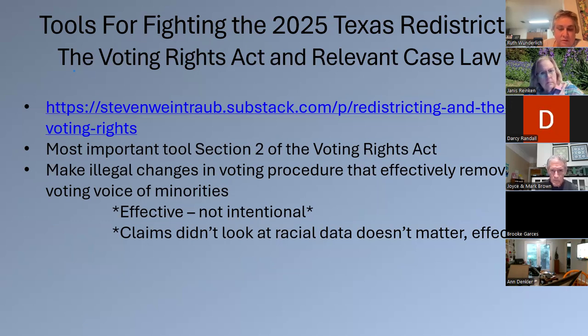It's a totally different condition. The claim that they didn't look at racial data doesn't matter if it's effectively removing the minority voice. And we'll talk about what it means to have a minority voice.